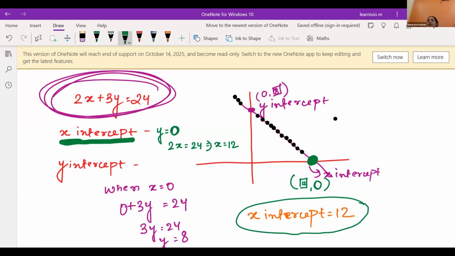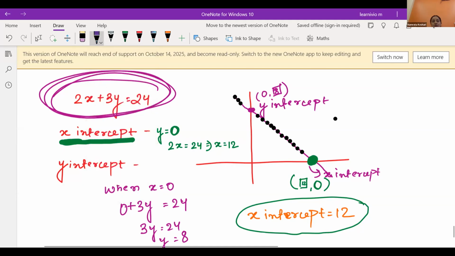Whenever this terminology is given, say x-intercept is 13, that means the graph is intersecting the x-axis at that point, (13, 0), where x is 13. Is it making sense, Aisha and Neha?